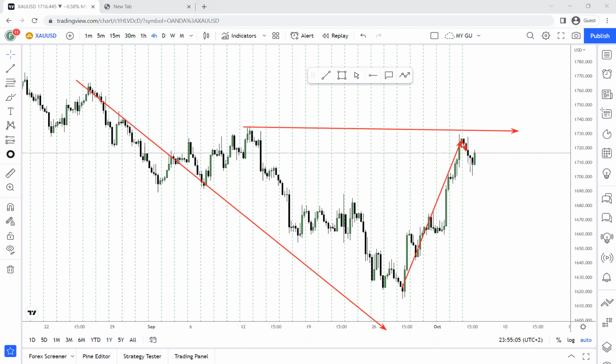And now we can see there is some sort of a rejection. So we need to see what is market going to do around this area. Is it going to reject a little bit more and then go higher, come back and test the last breakout? Or is it going to reject where price is at right now and continue going higher? Or is price going to reject this high we are at right now and go lower?